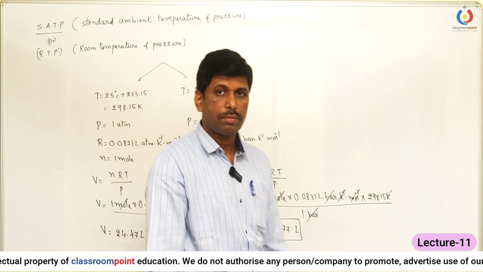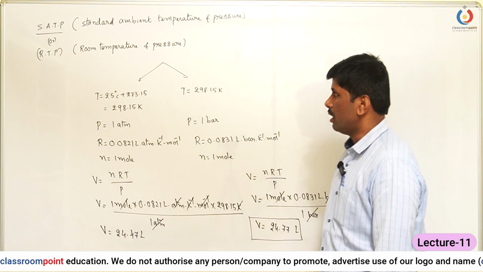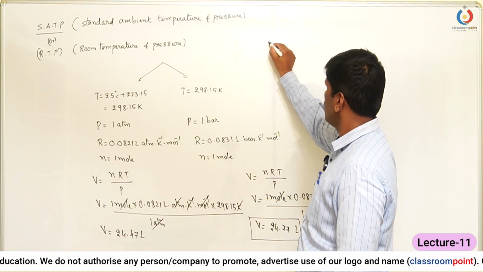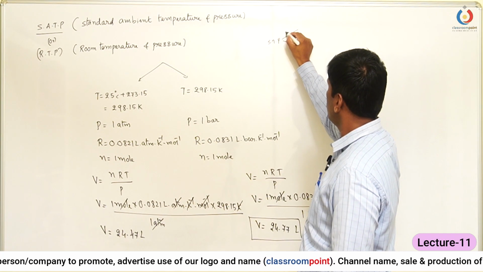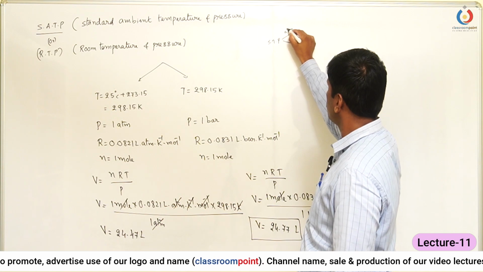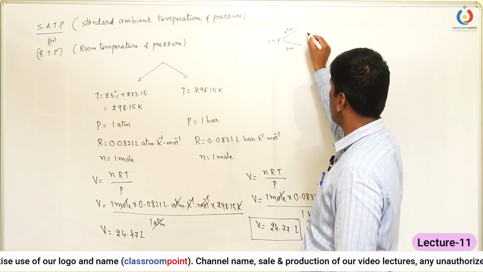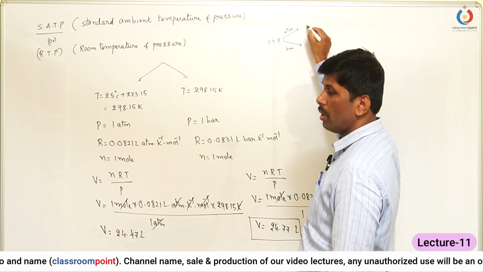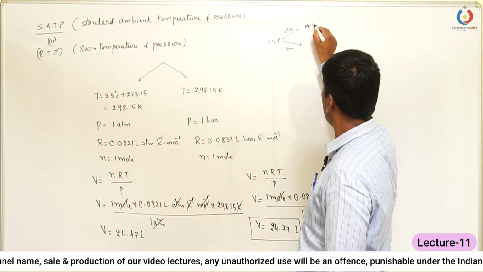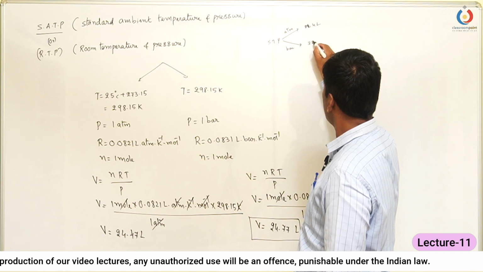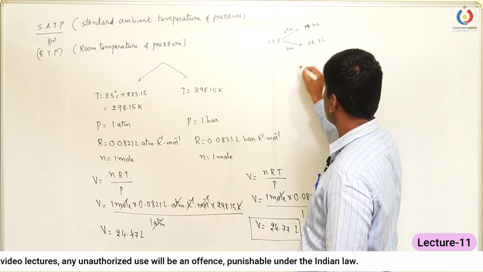A little difference is there. So when you are using STP, using the pressure as atmosphere or as bar, what volume does 1 mole of the gas occupy? This is 22.4 liters. This is 22.7 liters.